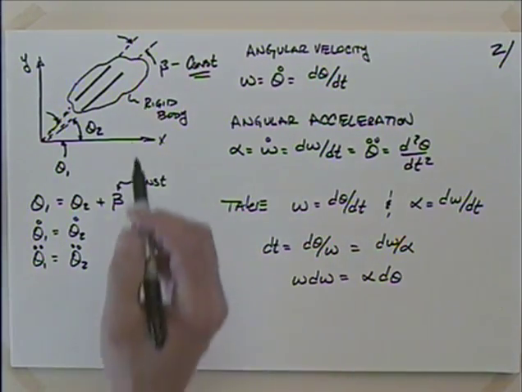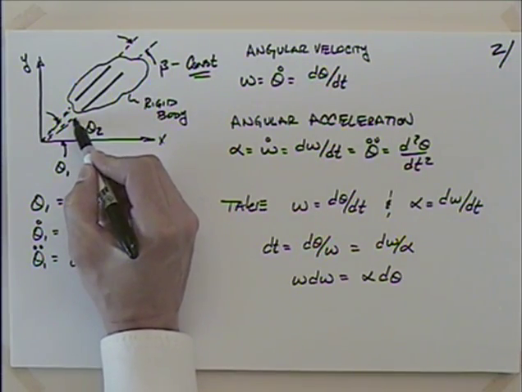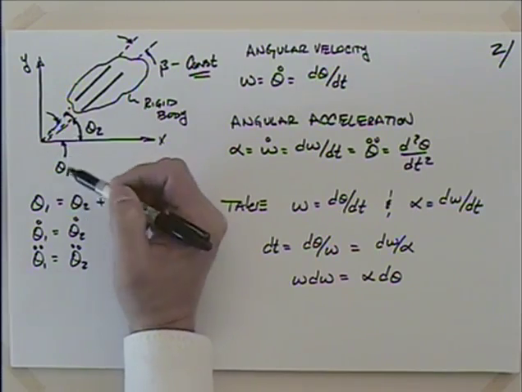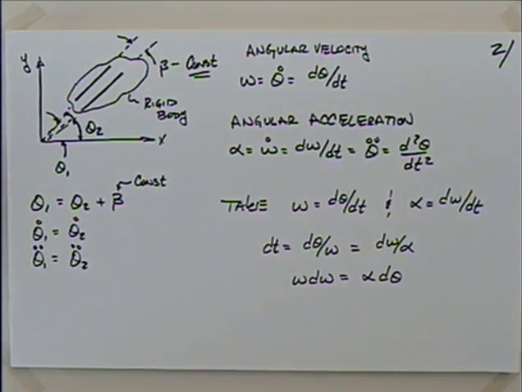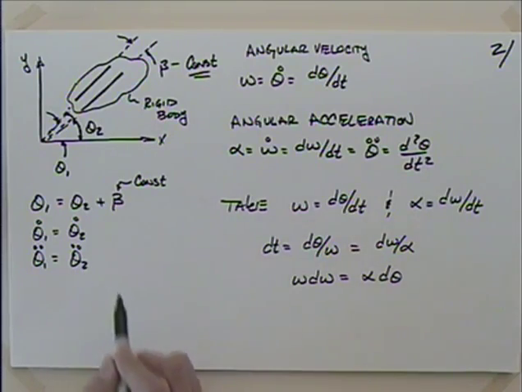Simple geometry here: if you take this angle theta 2 and add to it that angle beta, you would get theta 1. Now we know that beta is a constant because that's fixed to a rigid body. So when I differentiate this and say theta dot 1 is equal to theta dot 2, the beta goes away, goes to 0, doesn't it?